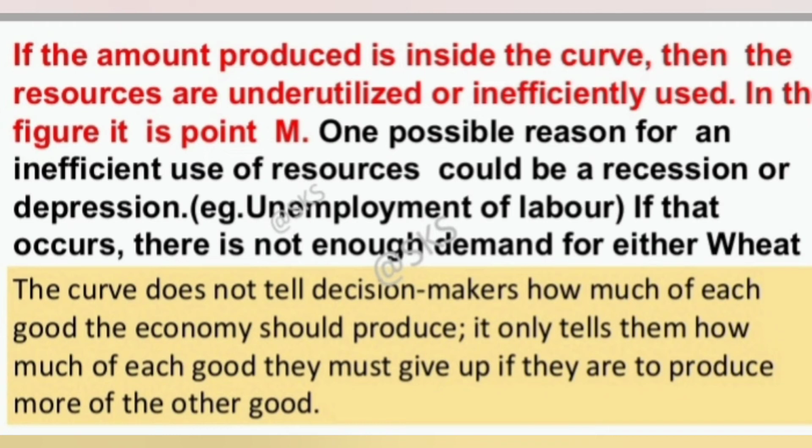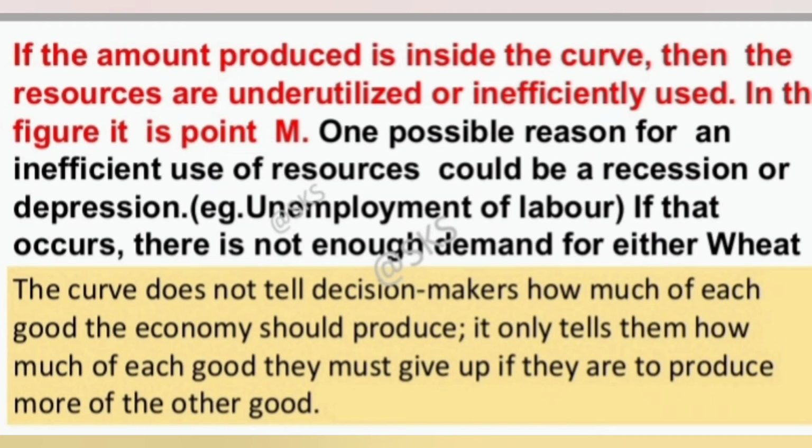Now, in the PPC, you have seen a point K, an unattainable combination, because the technology remains constant. There is no economic growth. So, how can an economy reach that point? An economy can reach that point when there is economic growth.